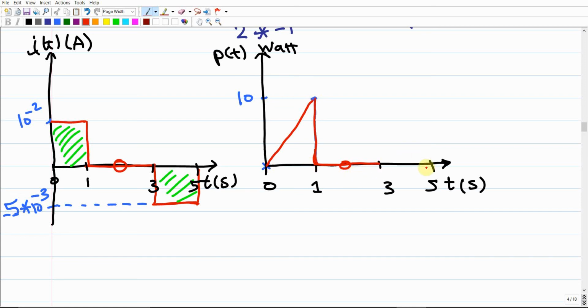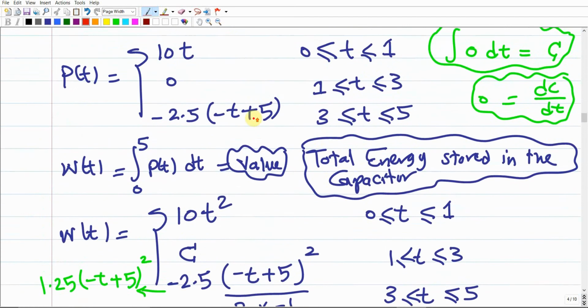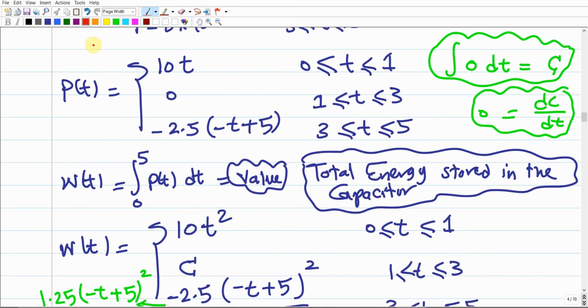Then something is going to happen to the power within the period from 3 to 5, based on this function here. If we did the multiplication, you're going to find that t is positive. It means that it should be with a positive slope. But forget about this slope again.